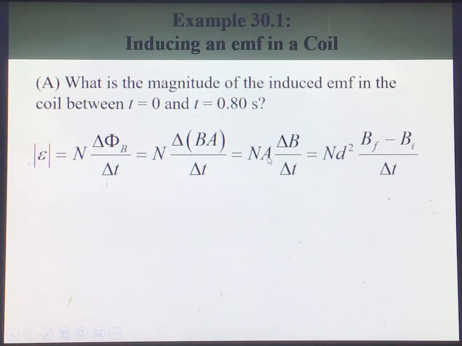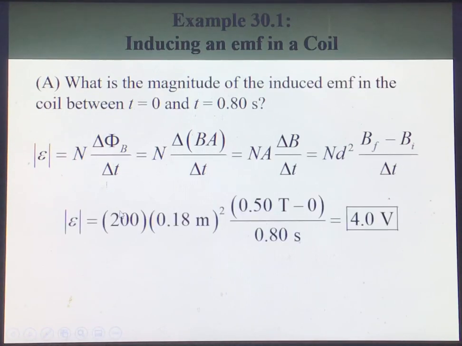Because this is a square, the area is just d squared. And the change in B over change in t is just B final minus B initial over change in time. If you plug in the values, N is equal to 200, d is equal to 0.18 meters, so you take that square and multiply by the change in the magnetic field divided by change in time.